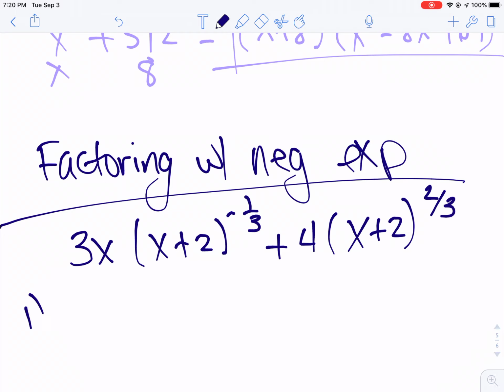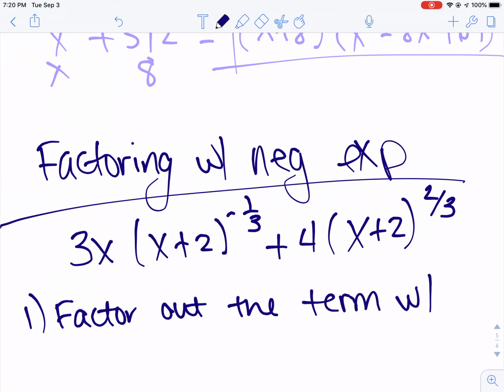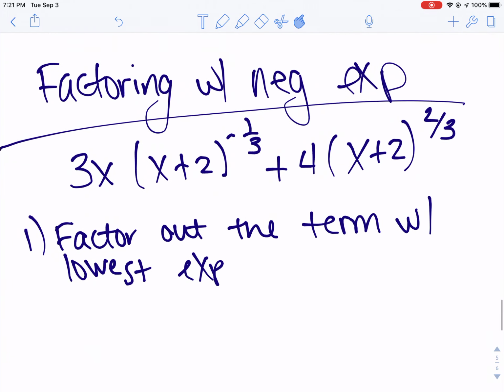My rule for you was to factor out the term with the lowest exponent. And this has to be a term that's in common, obviously.